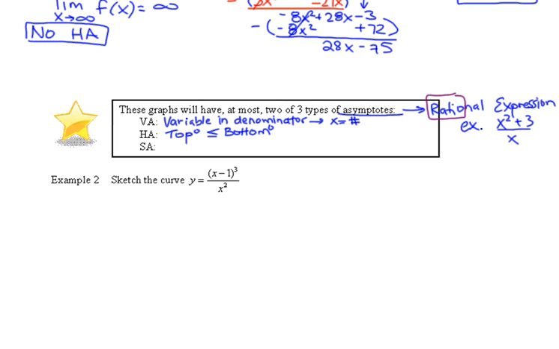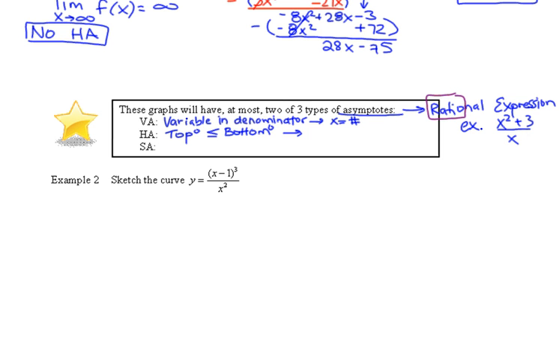And what form will it be in if it's horizontal? If your top degree is bigger than the bottom degree, you won't have horizontal. Because you might have a slant or you might not. It depends if it's one more than, because you'll have a larger number on top than the bottom.